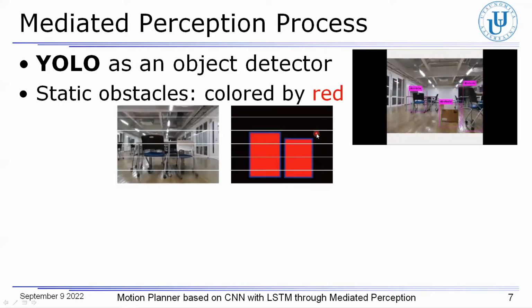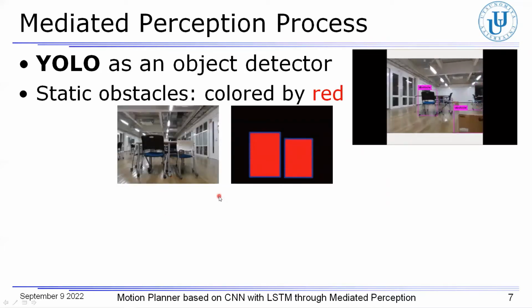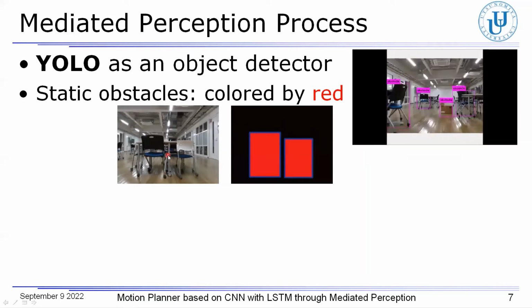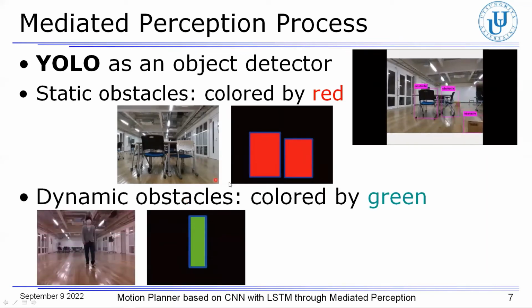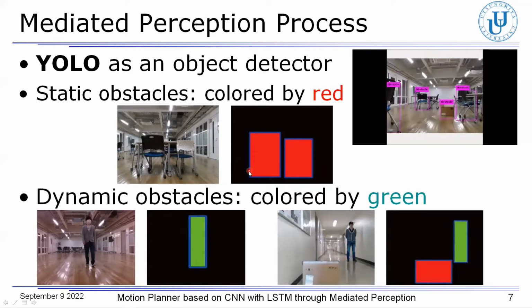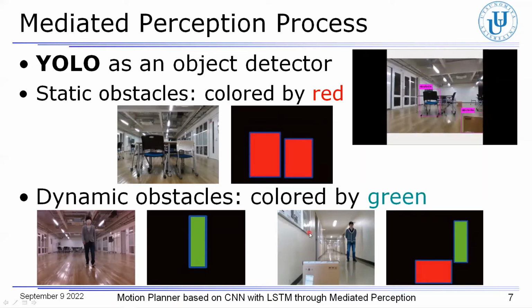The bounding boxes of these static obstacles are colored red. Here, two chairs are detected as the static obstacles. On the other hand, these dynamic obstacles are colored green. Of course, the robot can recognize both of them, even if static and dynamic obstacles are in the same image, as shown in these pictures.